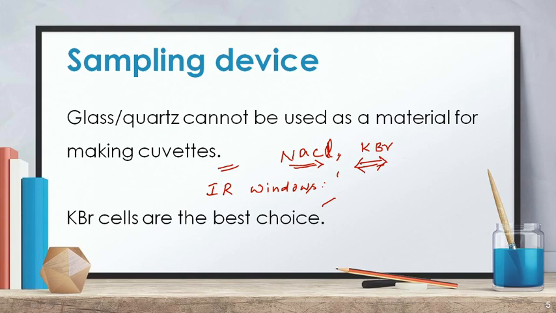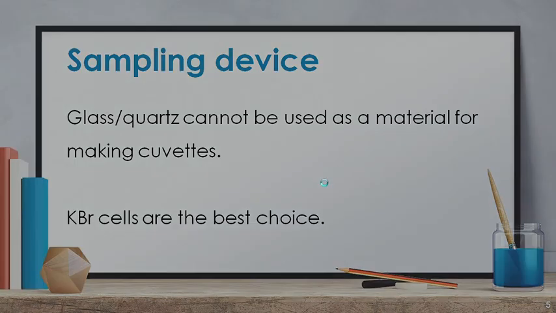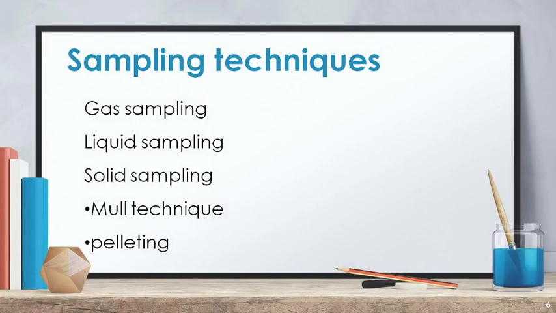The sample technique depends upon the phase of the sample that we have to analyze. So which phase are we taking for the analysis? Is it solid phase, liquid phase or gaseous phase? That is the important point, so we have to know the sampling techniques also. Now I will take sampling techniques. Mainly there are three types: gas sampling technique, liquid sampling technique, and solid sampling technique.